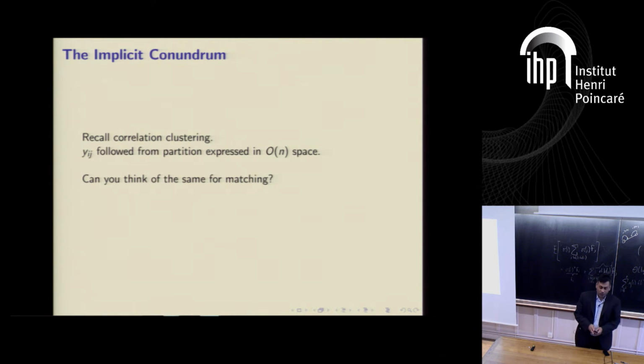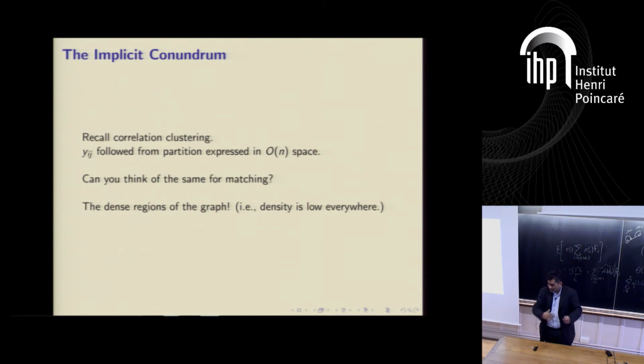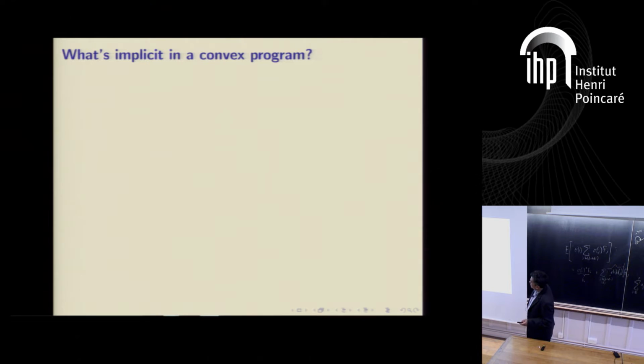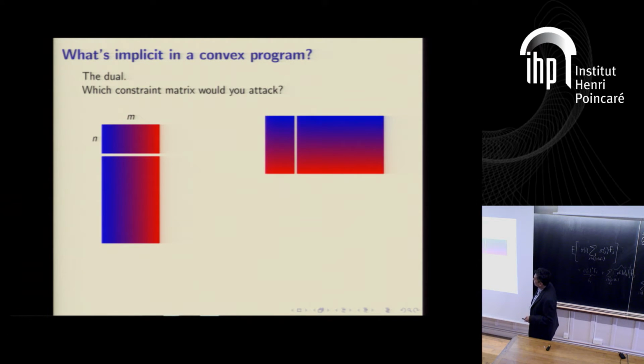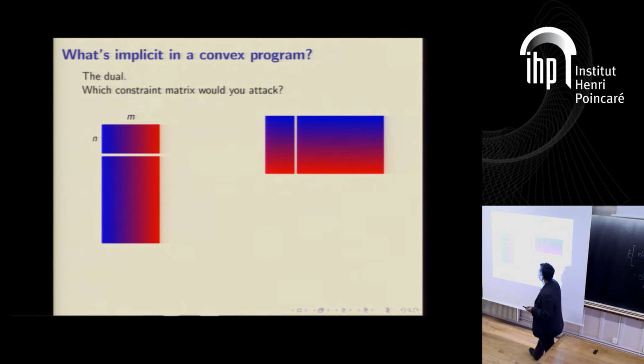One way, in all implicit such things, is you should think about the dual. What the dual is saying is: give me a collection of edges and there are no dense regions in the graph. And that view is a view of partitioning. So that's the dual. So this was the large matching instance which I was trying to solve with non-bipartite constraints.